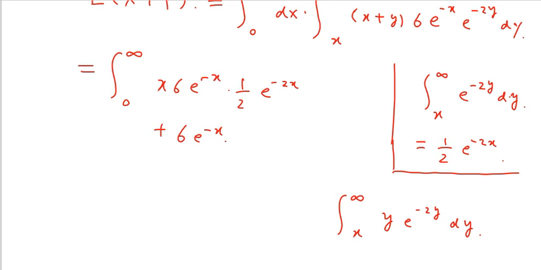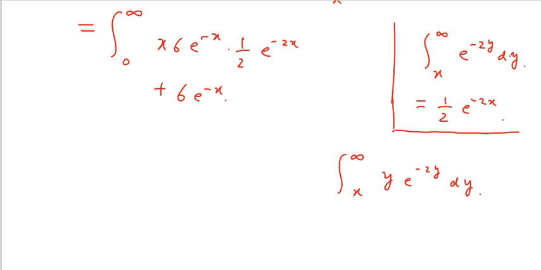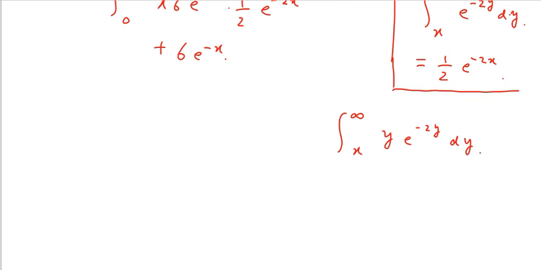So this integration is a little bit tough. We should use integration by parts. I think this is the most difficult math problem for Exam P1. We need to use integration by parts.